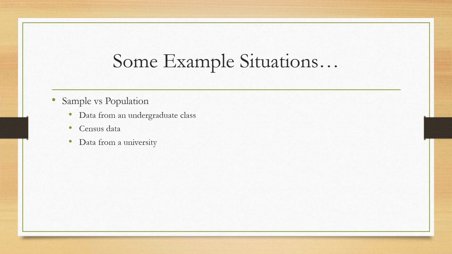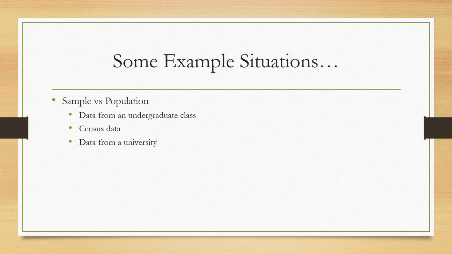On the other hand, if that data from the university is being used to represent students at that university in the future, individuals I haven't sampled, then that would be considered a sample from the broader population, which is all students who have gone or will go to that university. Another interesting thing is that it could be a sample if I'm looking to draw conclusions about, let's say, all undergraduate students.